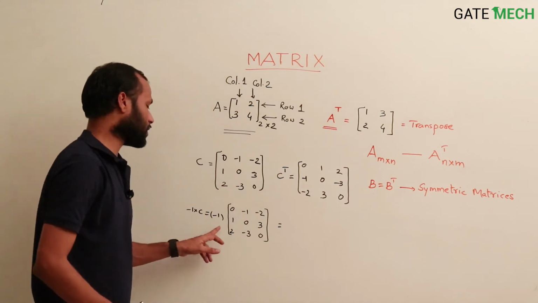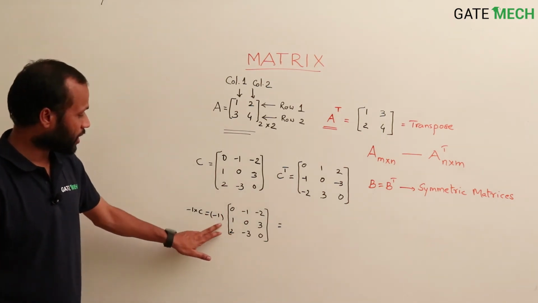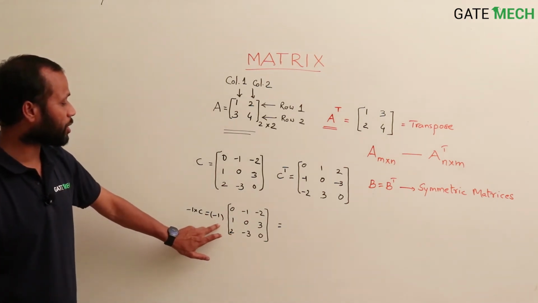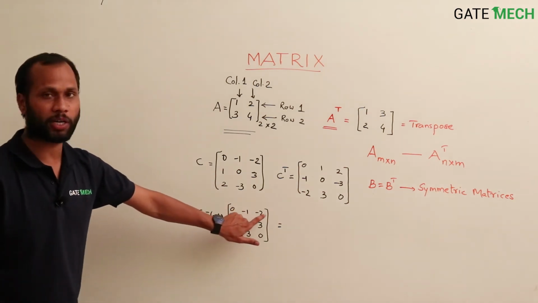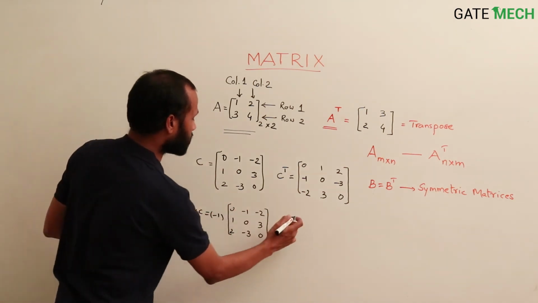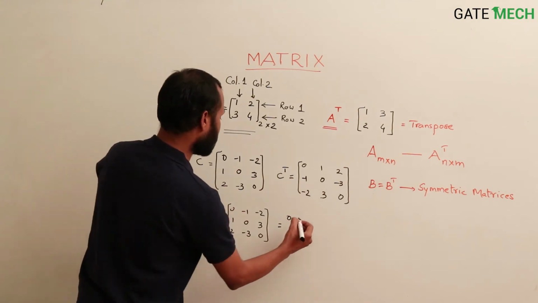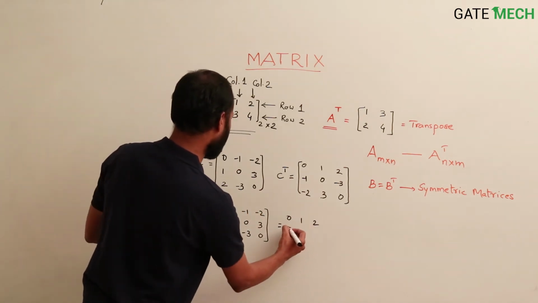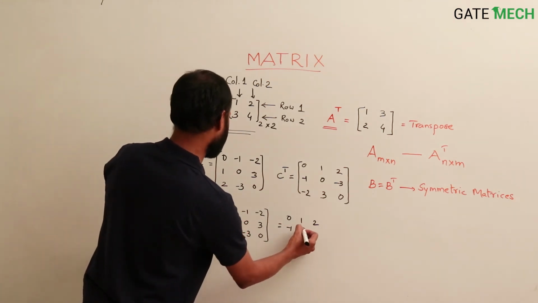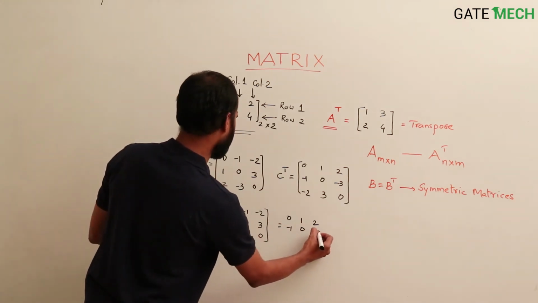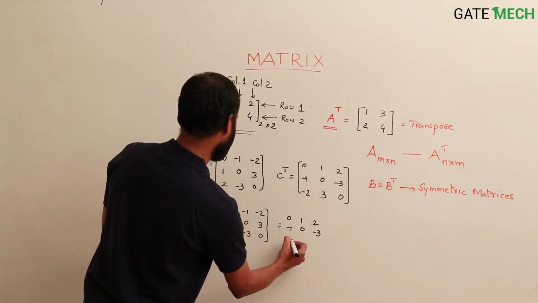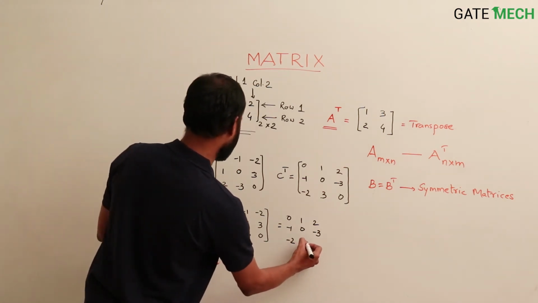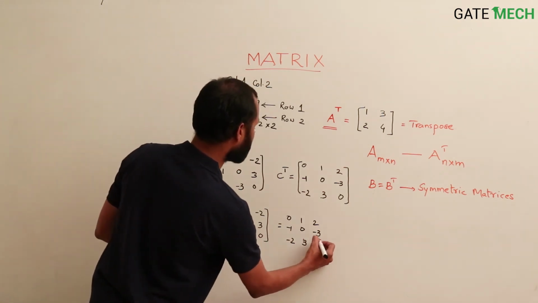How does scalar multiplication with a matrix have to be done? The corresponding scalar has to be multiplied with each and every element of the matrix. Now you multiply: minus 1 into 0 is nothing but 0, minus 1 into minus 1 is plus 1, minus 1 into minus 2 is plus 2, minus 1 into 1 is minus 1, minus 1 into 0 is 0, minus 1 into 3 is minus 3, minus 1 into 2 is minus 2, minus 1 into minus 3 is 3, minus 1 into 0 is 0.